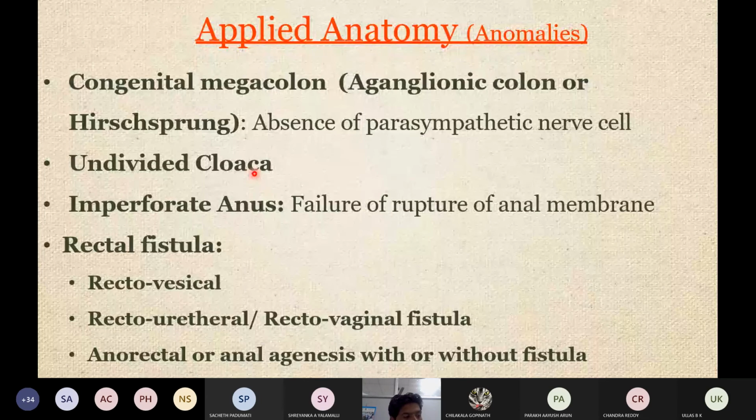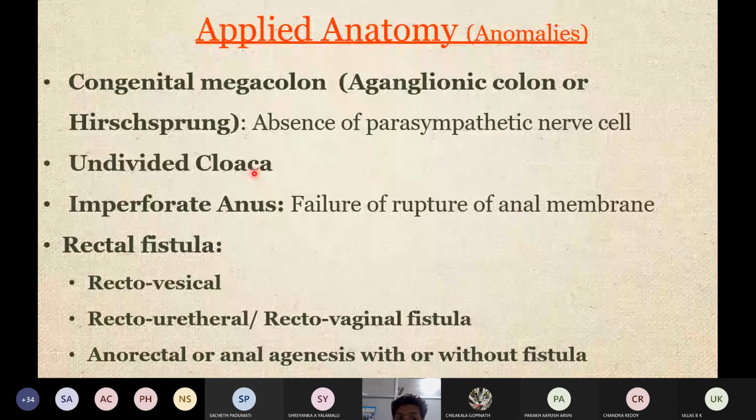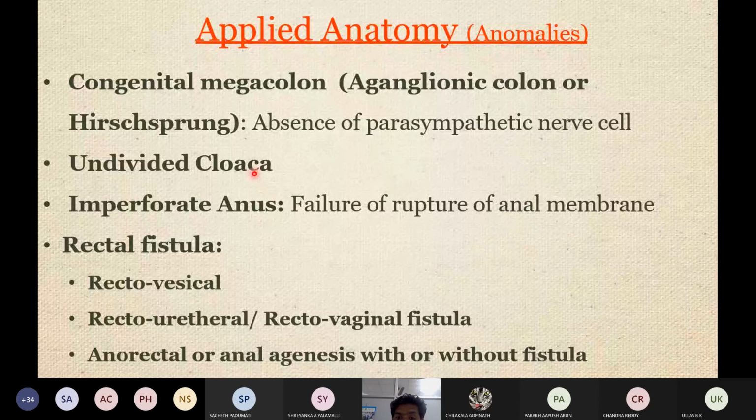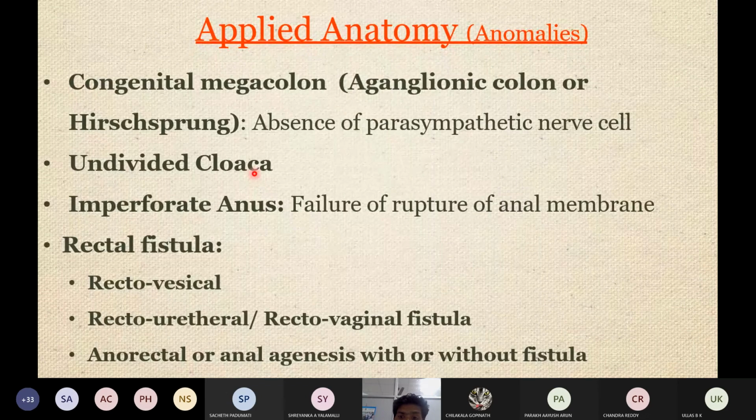What will happen to the anal canal now? The anal membrane is not ruptured, so the anal canal is not open. It is closed, so it becomes very difficult. It may have a connection anteriorly or somewhere in different regions. So imperforate anus will be seen.